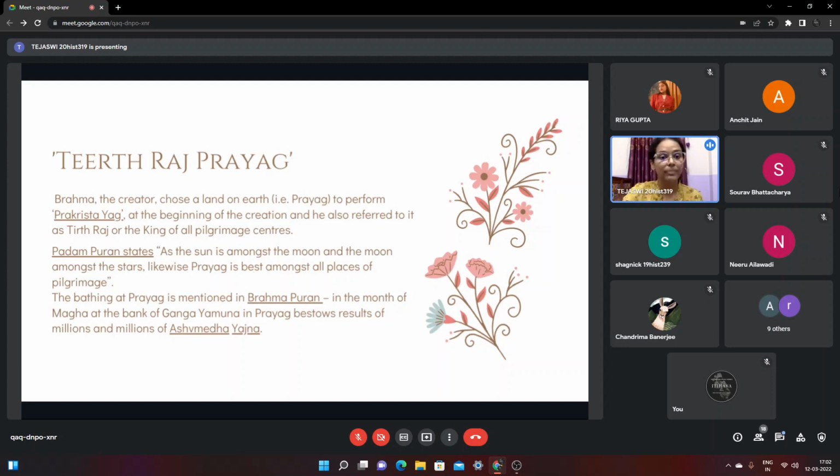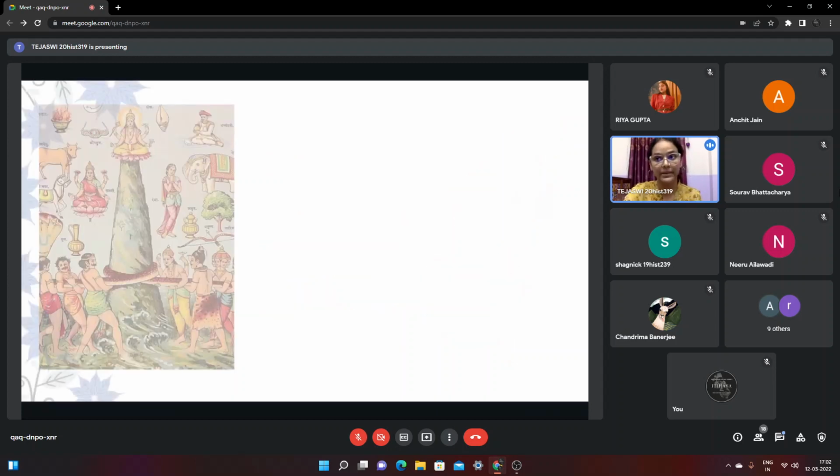Other than that, we have Padma Puran and Brahma Puran also mentioning Prayagraj. It says, as the sun is amongst the moon and the moon amongst the stars, likewise Prayag is best amongst all places of pilgrimage. And Brahma Puran says that dipping yourself in the same waters during the month of Magh bestows results of millions and millions of Ashwamedh Yagya.